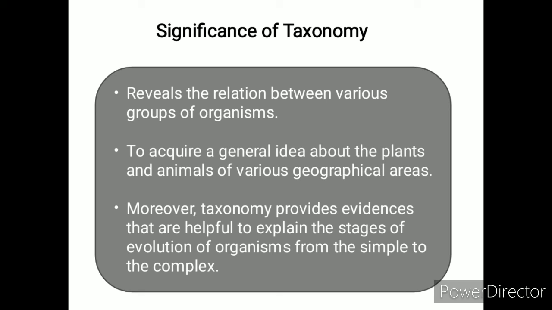So that's the significance of taxonomy. It reveals the relation between various groups of organisms, and it helps to acquire a general idea about the plants and animals of various geographical areas. Moreover, taxonomy provides evidences that are helpful to explain the stages of evolution of organisms from simple to complex.